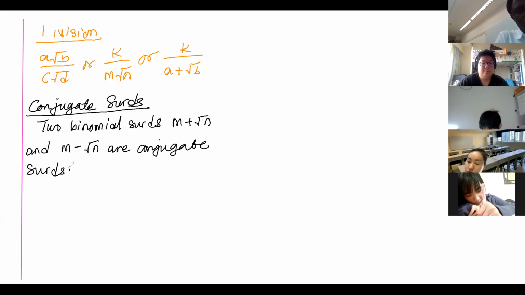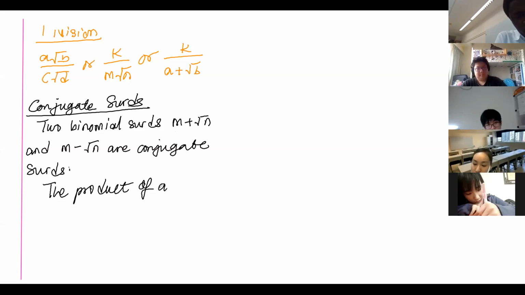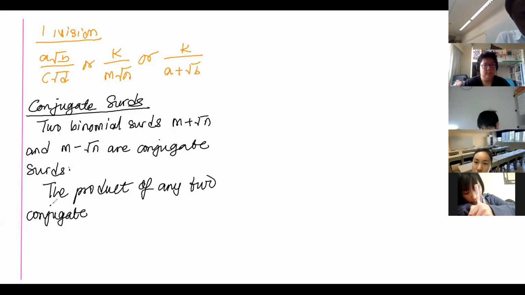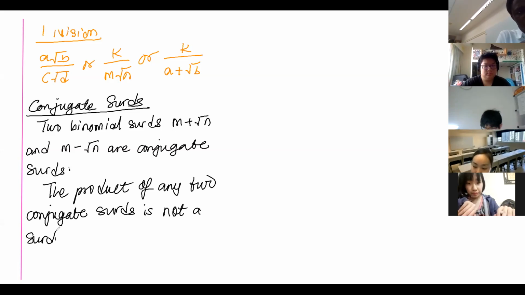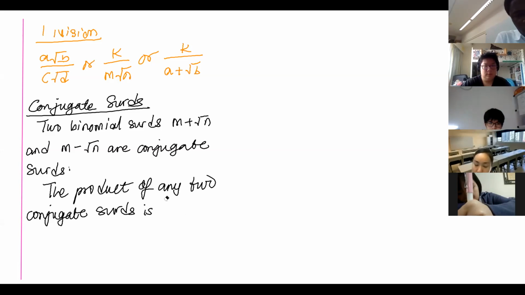The product of any two conjugate surds is not a surd. Or should I say is a rational number? It's a rational number. That's better. Is a rational number.